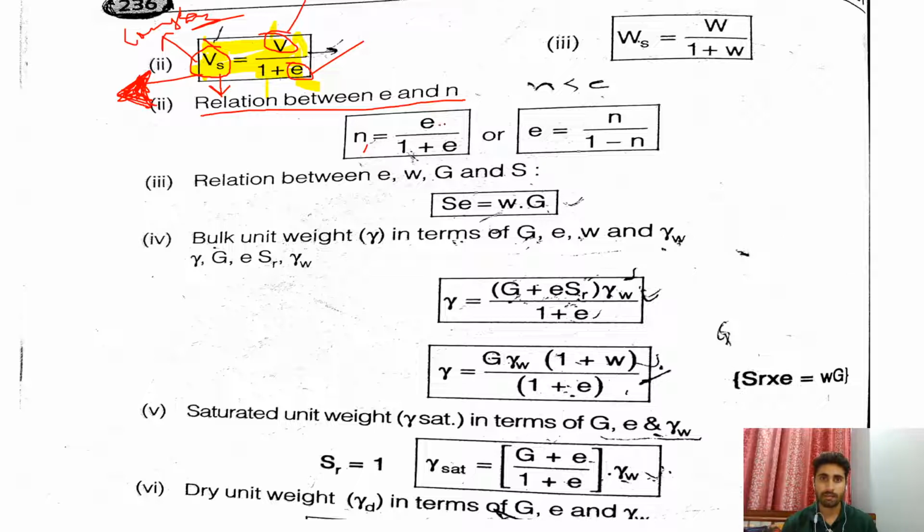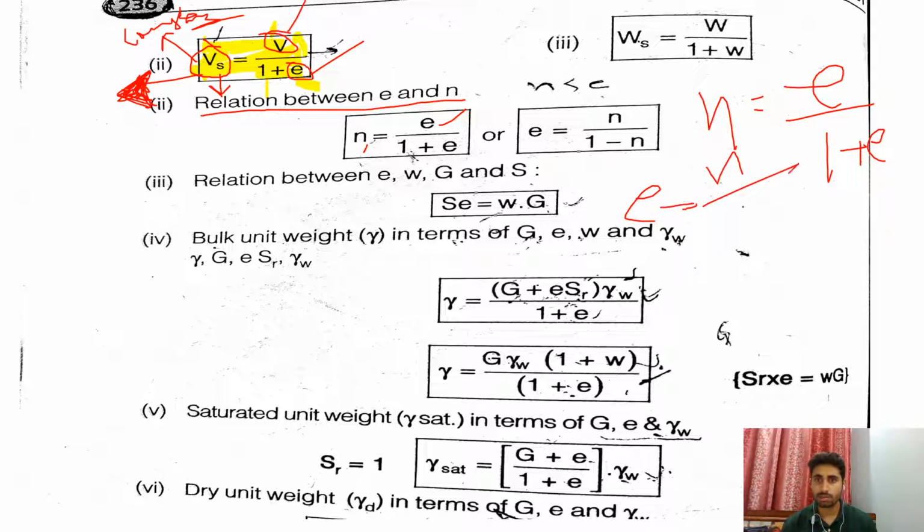Another relation is between porosity and void ratio. Porosity can be found by e upon 1 plus e, and void ratio can be found from porosity, n upon 1 minus n. In soil mechanics, most of the time porosity is not a very good indicator.